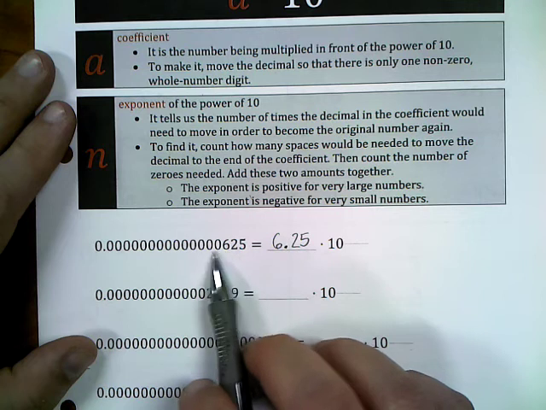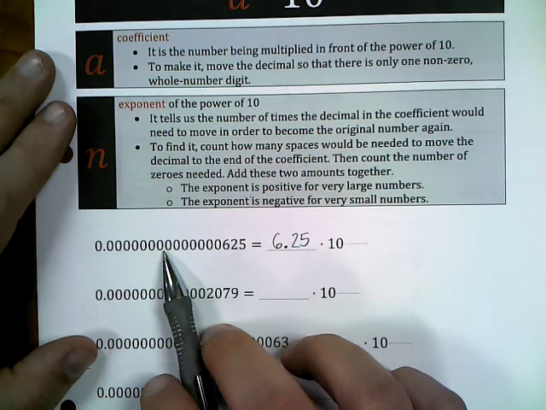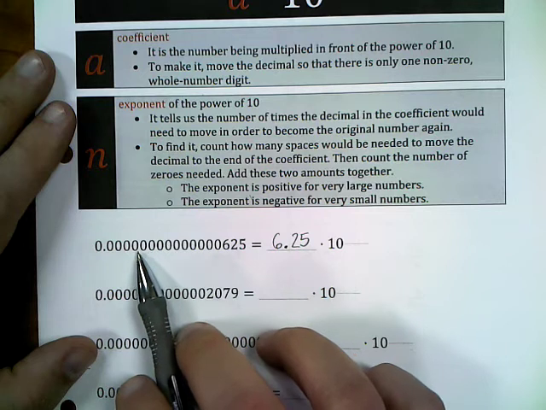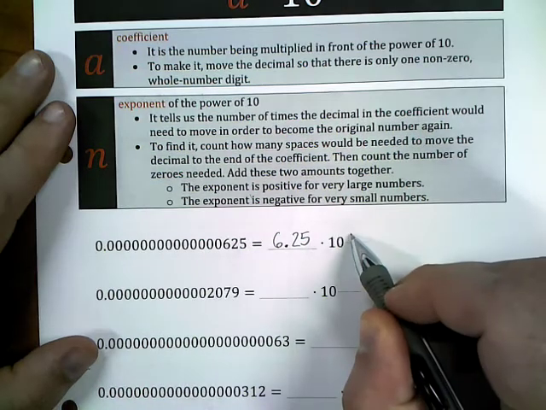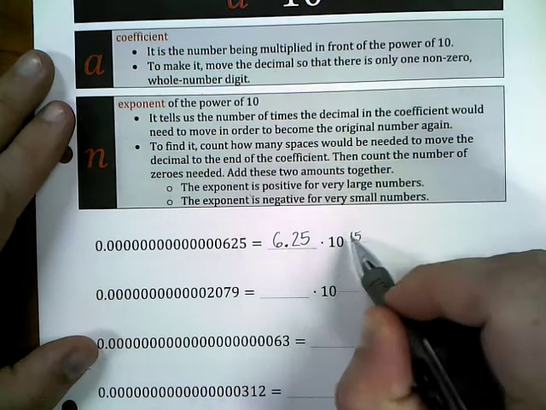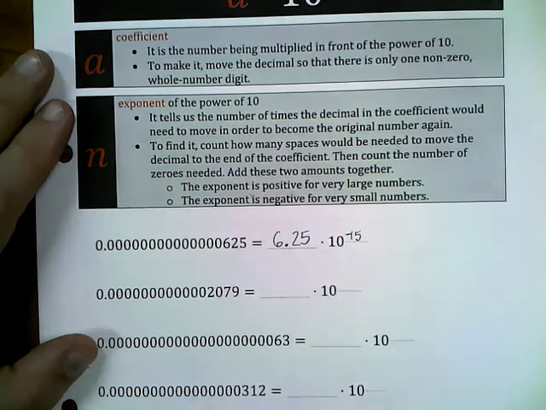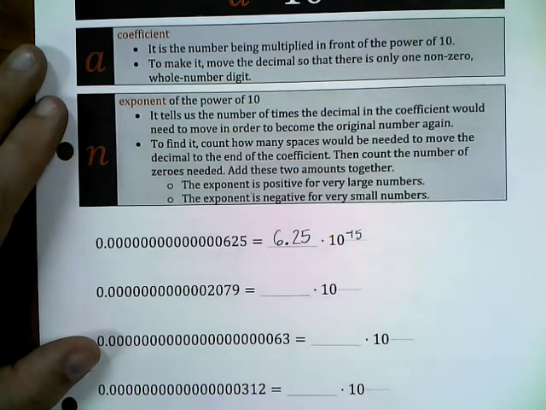Well, 1, 2, 3, 4, 5, 6, 7, 8, 9, 10, 11, 12, 13, 14, 15 times. So this is times 10 to the 15th, but because we want it to get small, it'll be the negative 15th power.